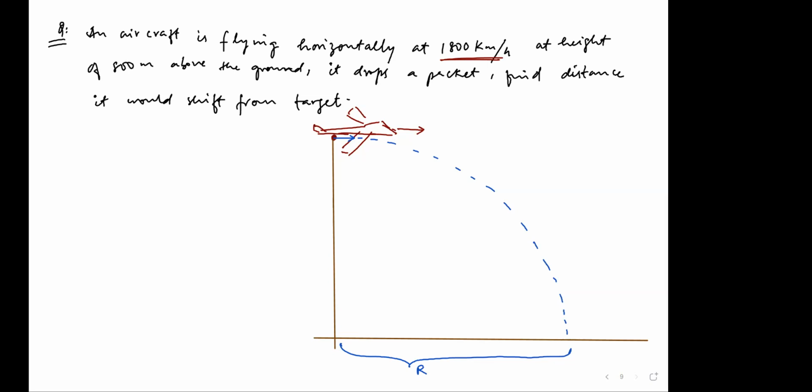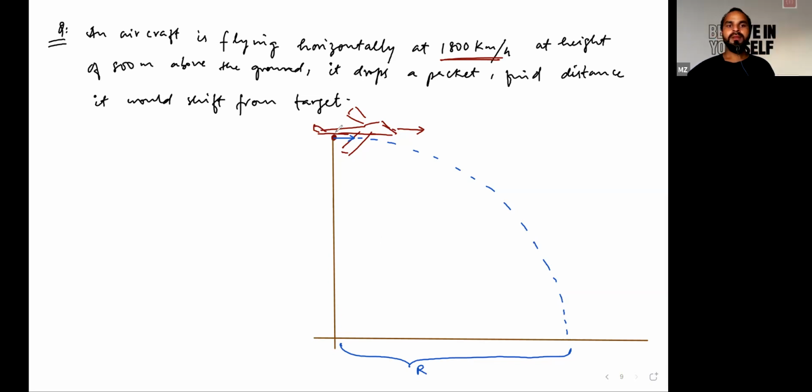Okay, just a minute. Since this packet was initially in the aircraft, and all objects acquire the velocity of the system of which they are a part, the packet must have the same initial velocity as the aircraft. So initial velocity is equal to 1800 kilometers per hour. Since it is in kilometers per hour, we first have to change its unit to meters per second.